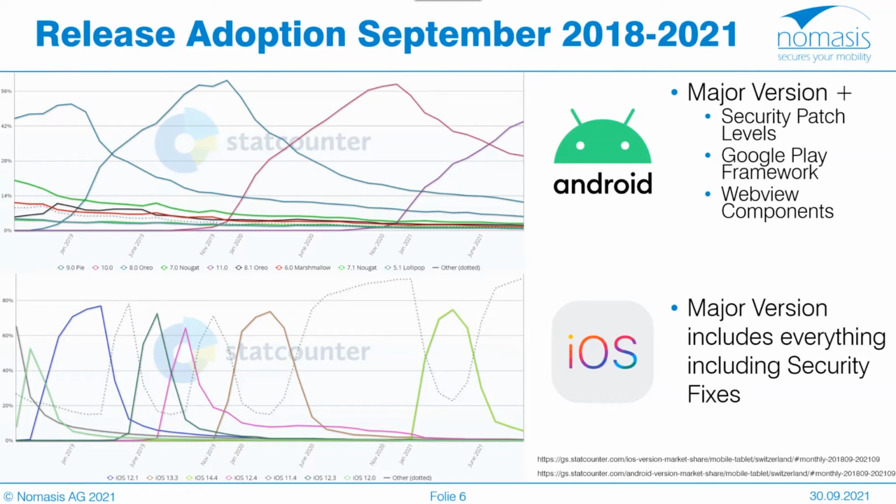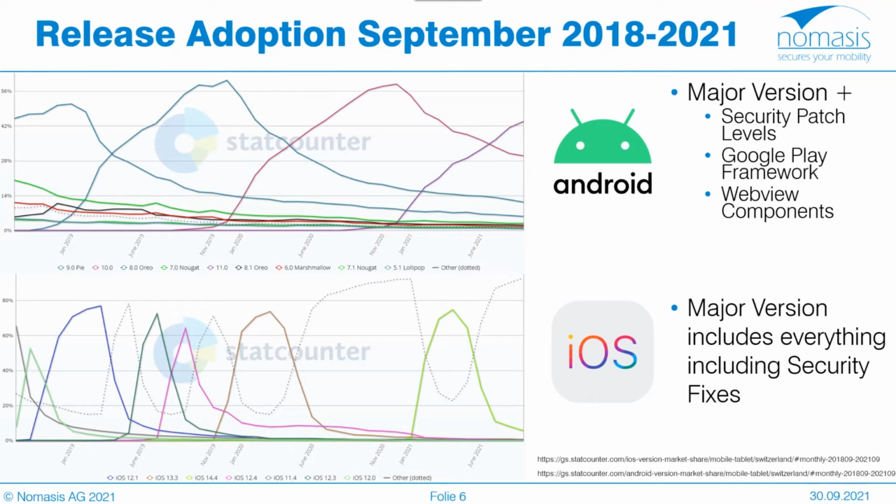The major versions are mainly focused on releasing new features, while security patch levels are provided on a monthly, bi-monthly, or 3-month cadence, while the Google Play framework does a lot of the heavy lifting on the device itself and is used by most applications to access functions on the device. And this is updated independent of the device operating system, and also WebView components, for example.